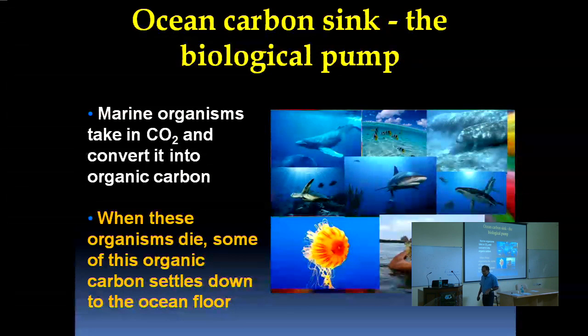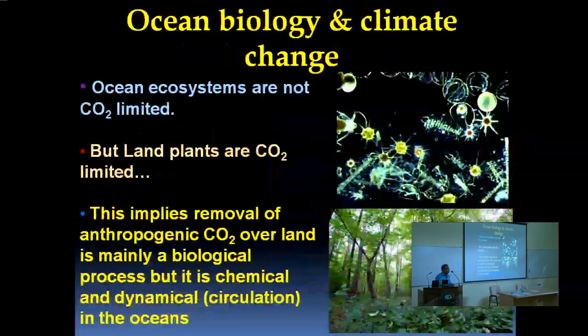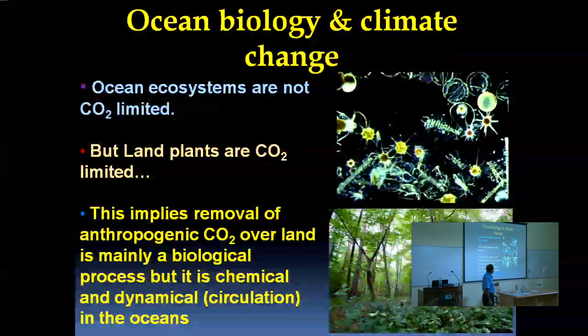But the interesting thing about this is that ocean ecosystems are not really CO2 limited. They already have enough, so the future increase in atmospheric CO2 is not really going to help this. But on the other hand, land plants are of course CO2 limited.